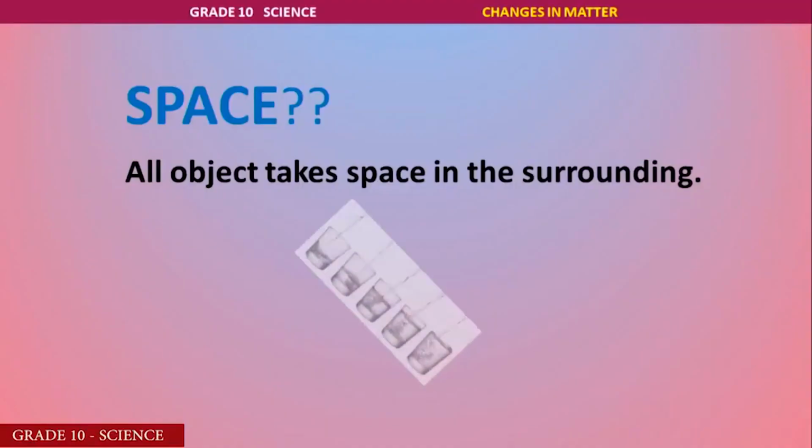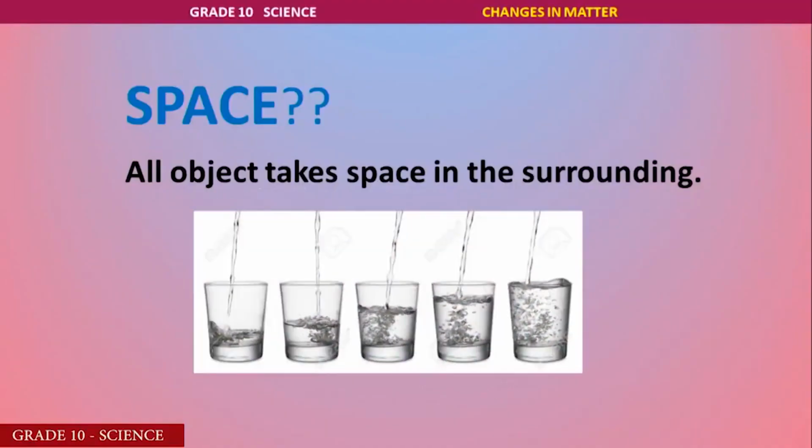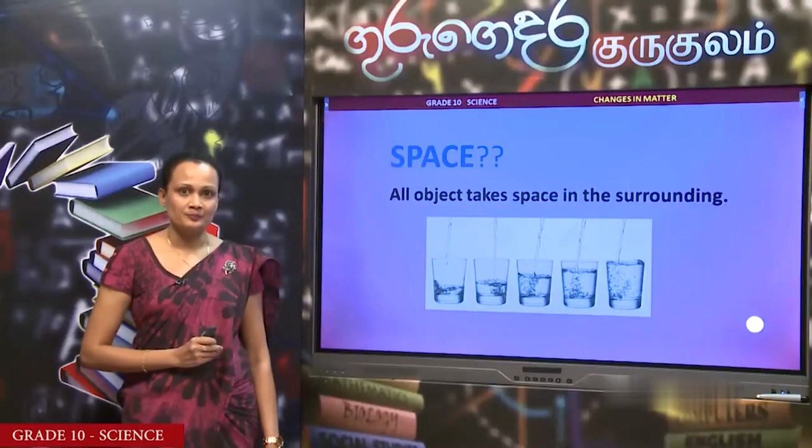Then, look at this picture. In this picture, there are several glasses and we are filling those glasses with water. The first one is starting and the last one is fully filled with water. That means the water takes the space inside the glass, and by looking at this picture you can observe how the space inside the glass is taken up by the water we are pouring into it.